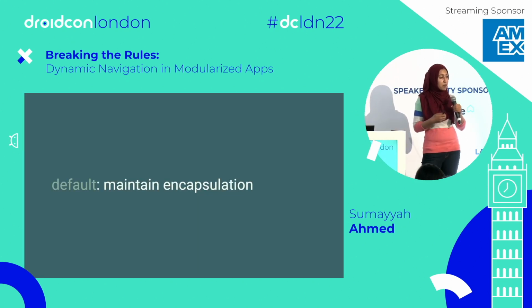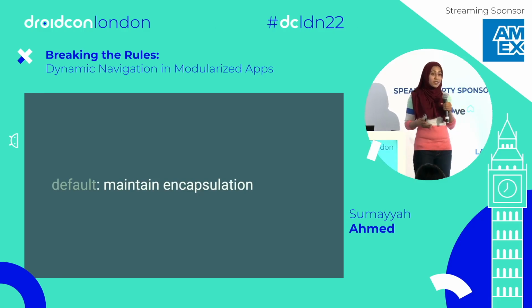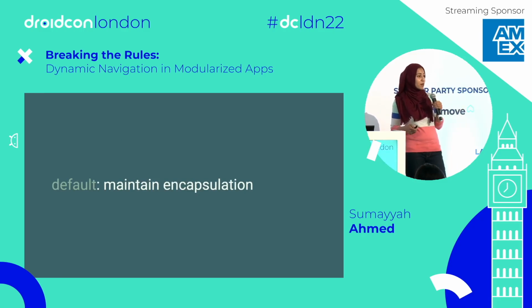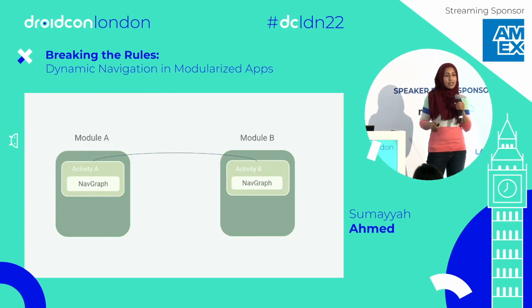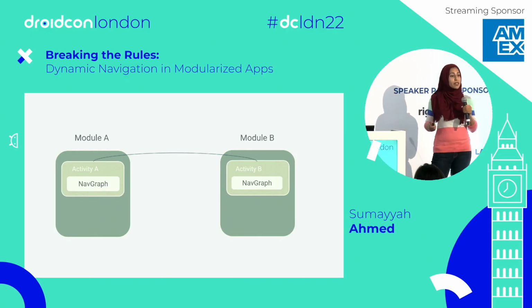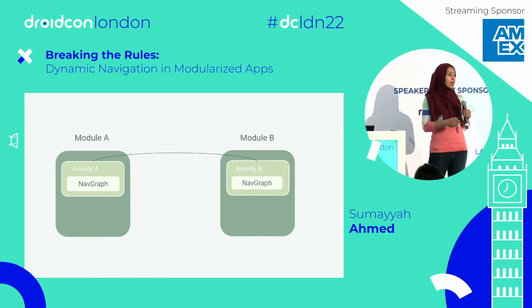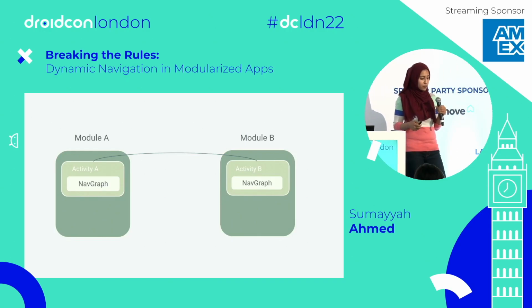Which brings me to the recommended way. The default assumption is that we are going to maintain encapsulation. We're going to work with all of this built-in scoping. So if we want to get from activity A to activity B, our activity architecture is assumed to be architecturally very similar to modules. These are self-contained activities which manage all of their own internal logic and all of their own internal navigation flows.